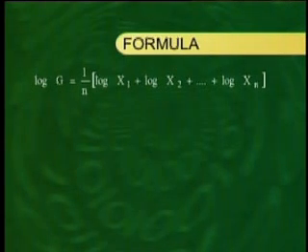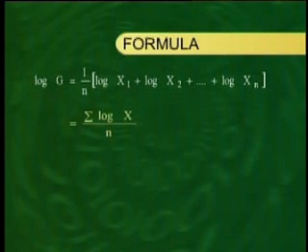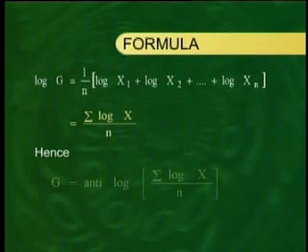That is, log of the product is equal to the sum of the logarithms. Hence, the formula becomes log of g is equal to sigma log x over n. But since we are interested in finding g, therefore, we take the antilog, and the final formula is that g is equal to antilog of sigma log x over n.